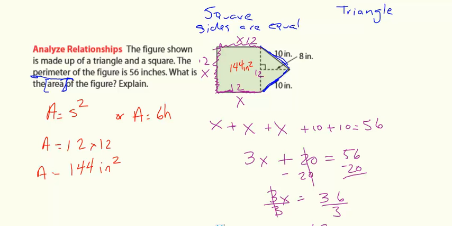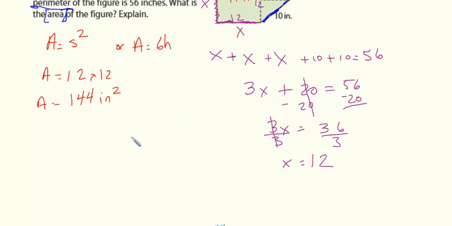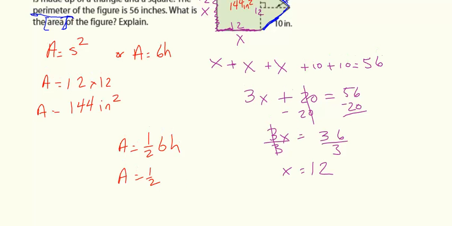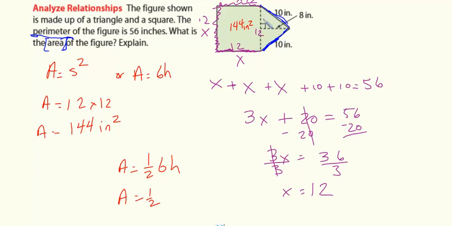Okay, so now I'm going to find the area of my triangle. The formula for the area of a triangle is area equals 1/2 base times the height. My base is this length right down here. It's one of my sides of the square, which is 12. So 1/2 times 12 times the height of the triangle.